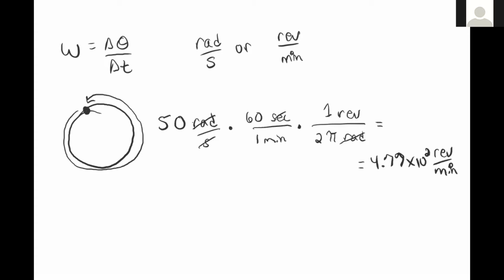And that's also 477 revolutions per minute. Sometimes I might give you an angular speed in revolutions per minute or revolutions per hour, and maybe you want to know that in radians per second or some other unit. So that's how you can convert, for instance, between radians per second and revolutions per minute.